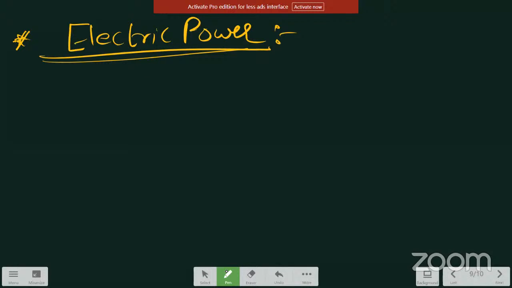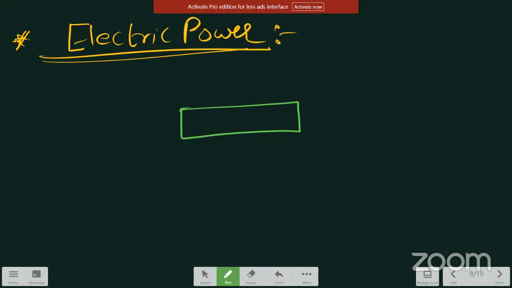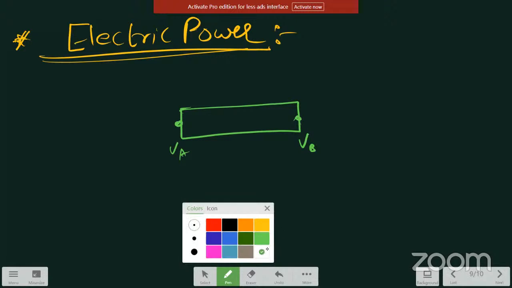So we know one thing. Let us say there is some conductor, having potential VA at this end and VB at the other end. And let us say some current I is passed through this conductor. Of course, current will pass only when there is some potential difference across it, because it also has some resistance.